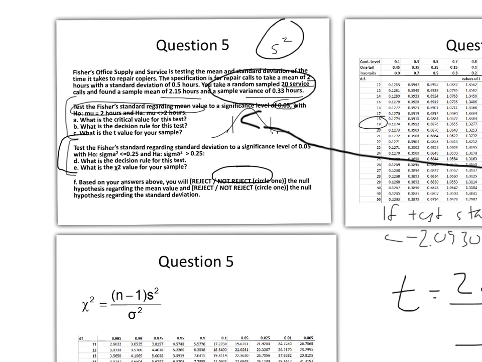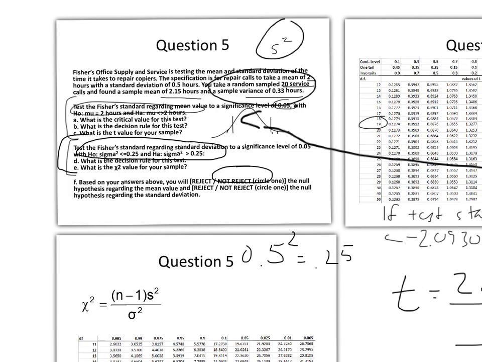Now, our statements here are in terms of 0.25, and that's because the standard deviation is half an hour, 0.5, and then the variance, sigma squared, would be 0.5 squared equals 0.25. So that's why you see that stated that way, because we're working with the variance in this test.